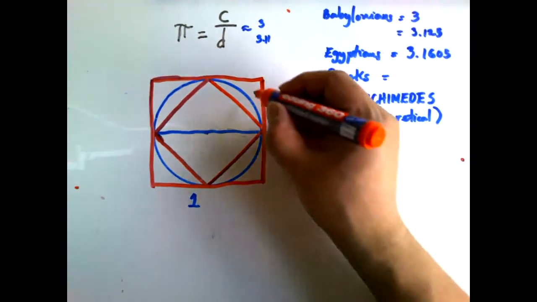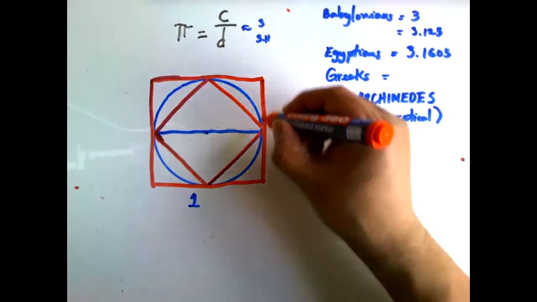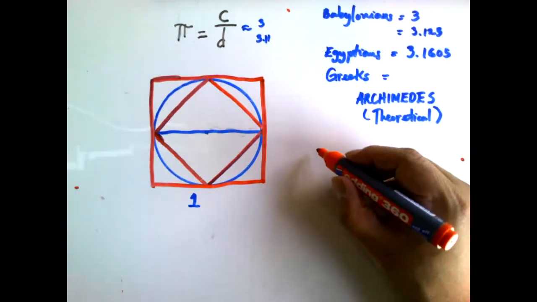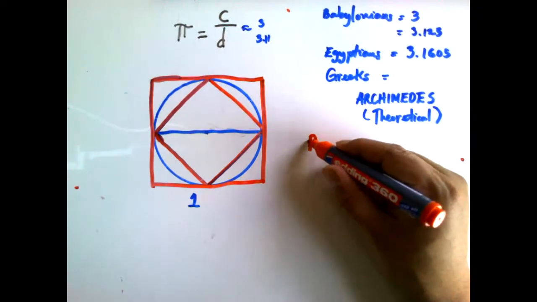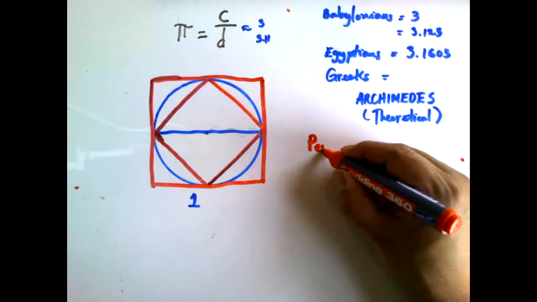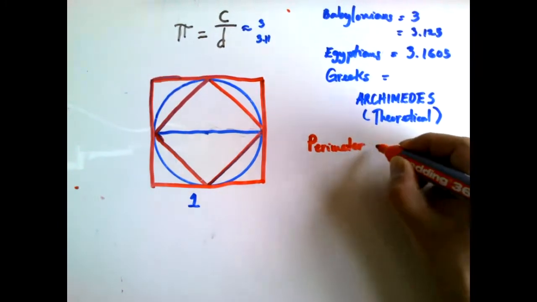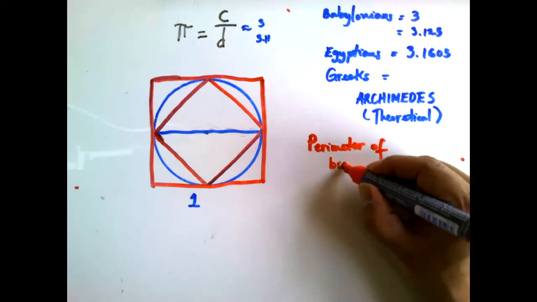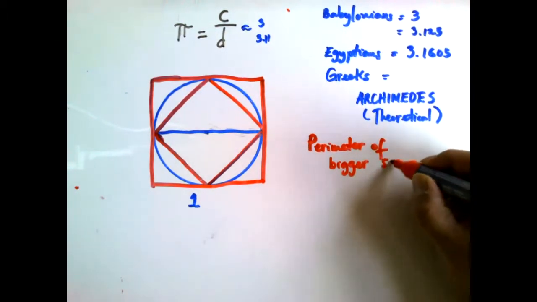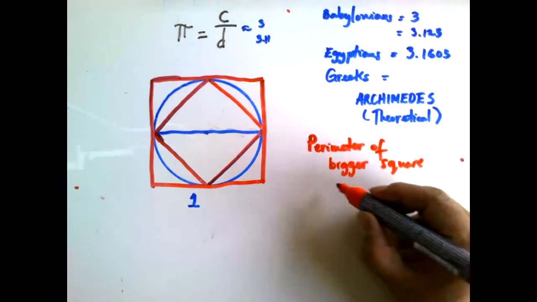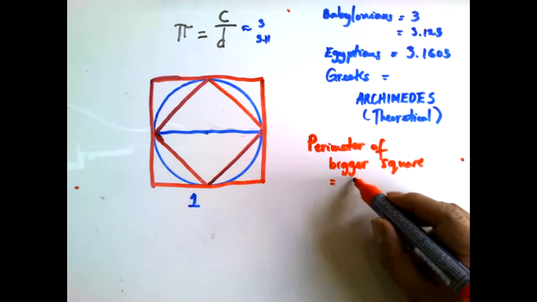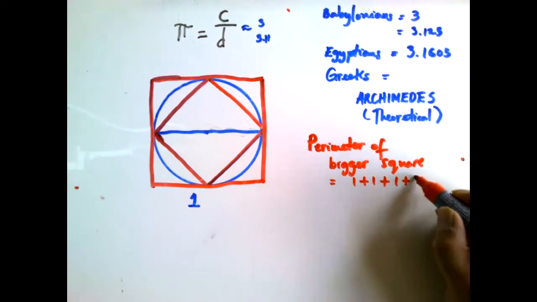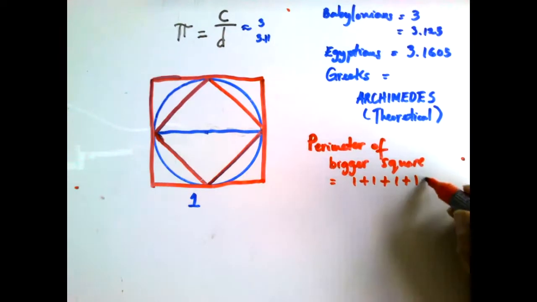So basically, if this is 1, that's another 1, there's another 1, and there's another 1. We add them together, so we have a perimeter of 4. So the perimeter of the bigger square is essentially 1 plus 1 plus 1 plus 1. See? 1, 2, 3, 4.